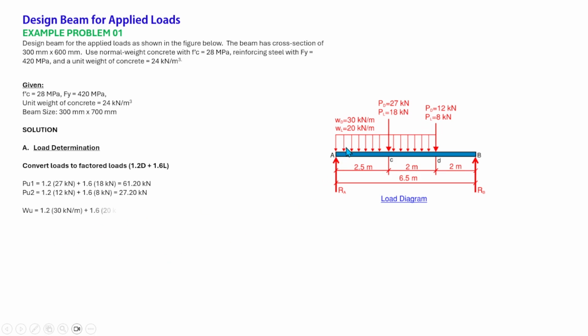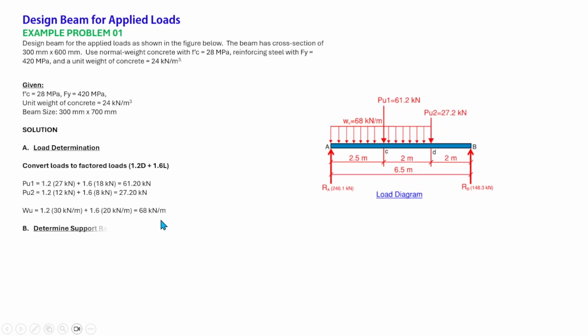And for the uniformly distributed load, we have 1.2 times the dead load, which is 30, plus 1.6 times 20, which is the live load, and that is equal to 68 kilonewton per meter. So now we have the load diagram, which is already converted into factored load.